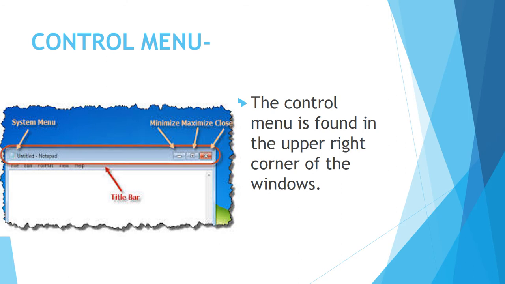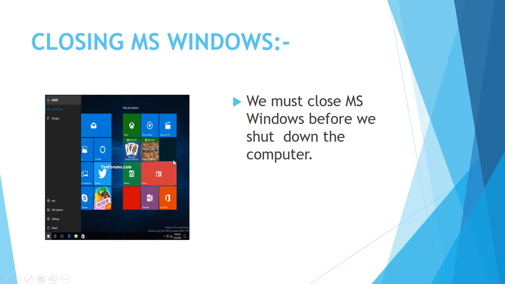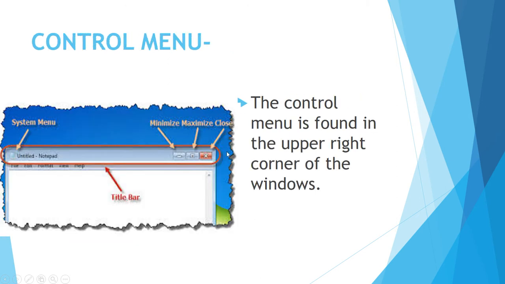This is the minimize button. We place the mouse pointer on this button and click. The window shrinks into a button. The button is placed on the taskbar. We can click on it to get the window back on screen.